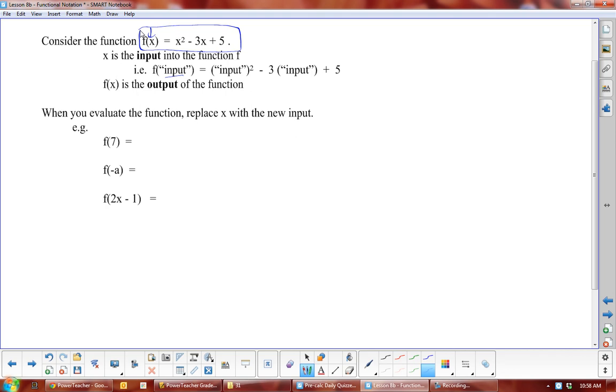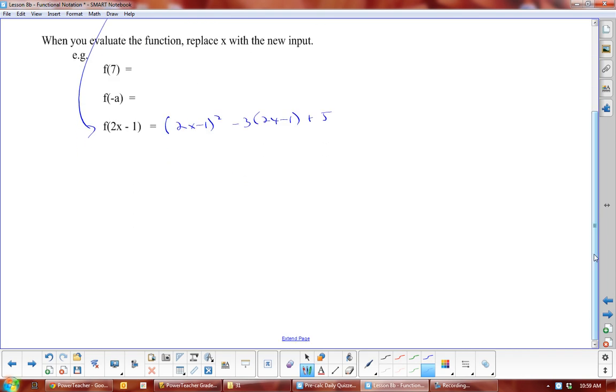I mean, even if we had, let's just do one of them. So if here's my equation, and I'm going to put f of 2x minus 1, that would just be 2x minus 1 squared, minus 3 times 2x minus 1, plus 5. Okay, and then it's just a matter of foiling this. This would be 4x squared minus 4x plus 1.